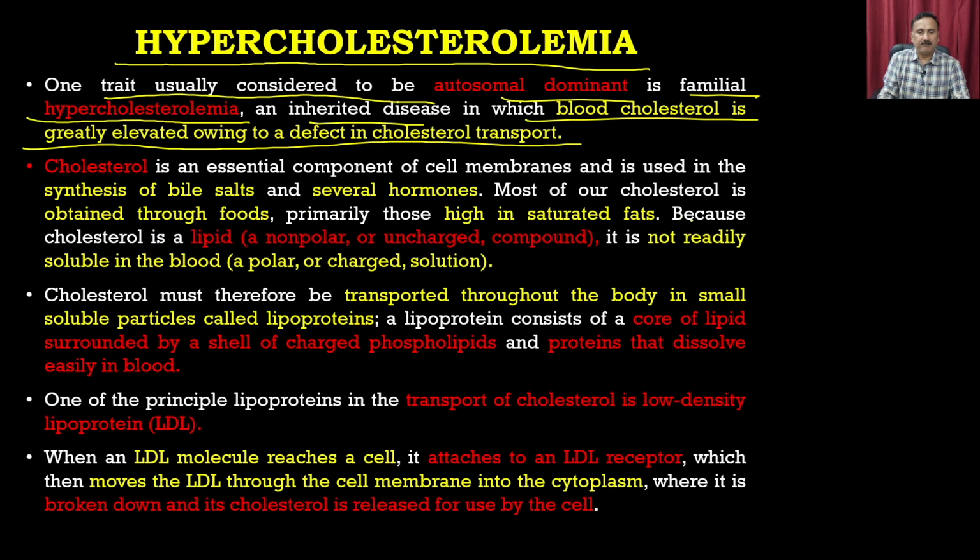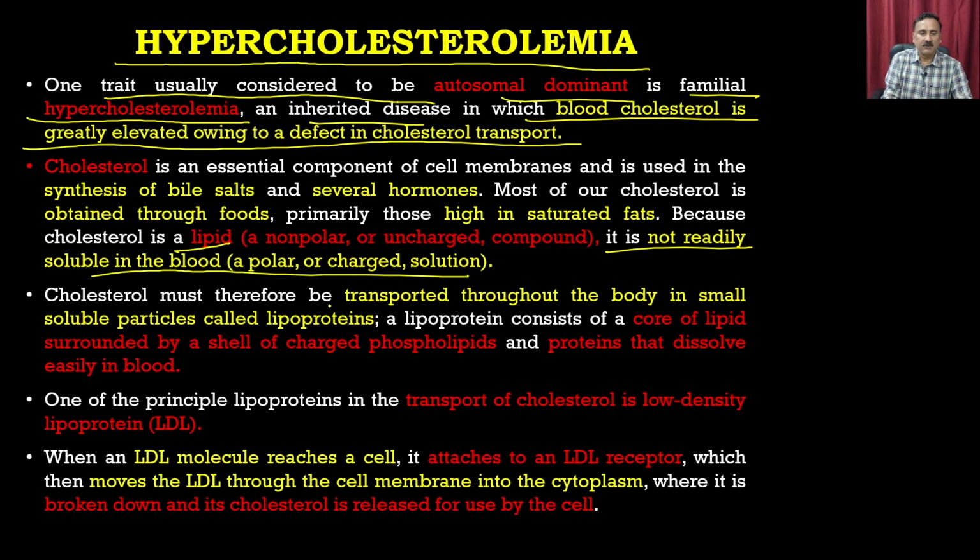Cholesterol transport is an essential process where cholesterol is transported from the blood to the liver, where it is stored, or to the adipose tissues. Because cholesterol is a lipid, it is not readily soluble in the blood, so it is formed into LDL particles and so on.